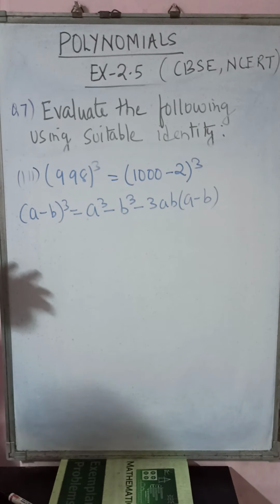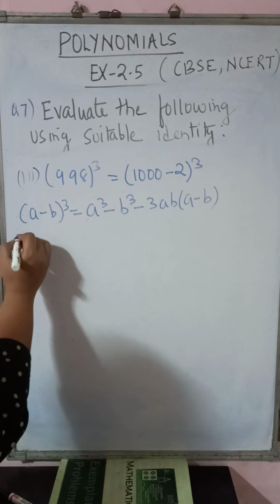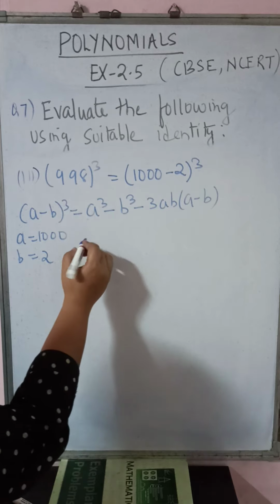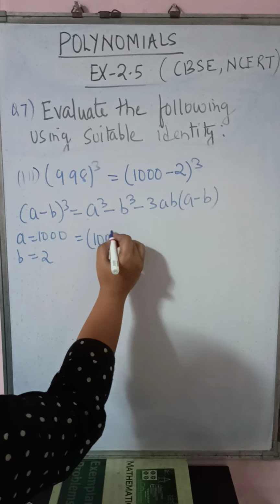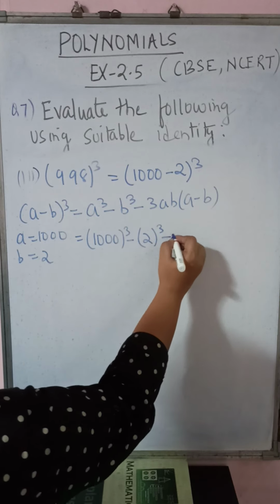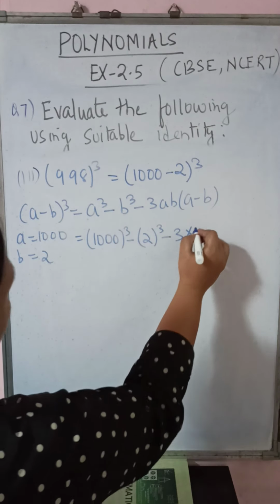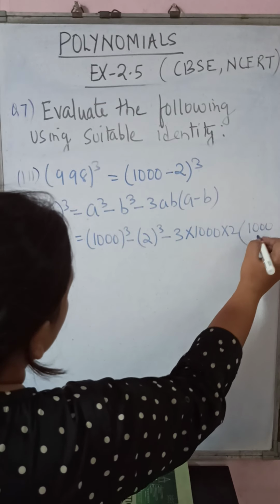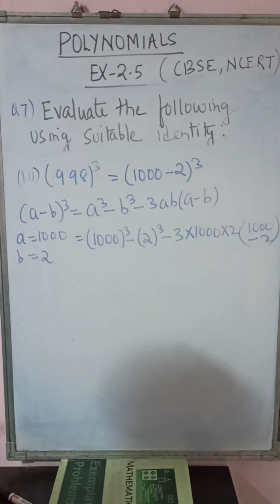Very simple question, 6 and 7 both. Learn the identity, substitute the values. a is 1000 and b is 2. So a cube means 1000 cube, minus b cube, 2 cube, minus 3 into, what is a? 1000. What is b? 2. a minus b means 1000 minus 2.